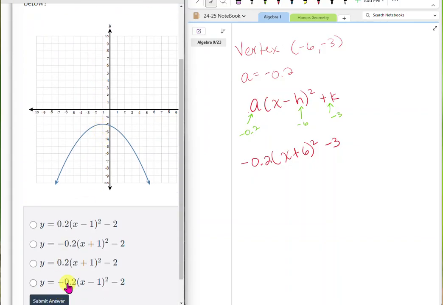Here's a case where the absolute value is 0.2 for A, but some of them have a negative sign and some of them don't.